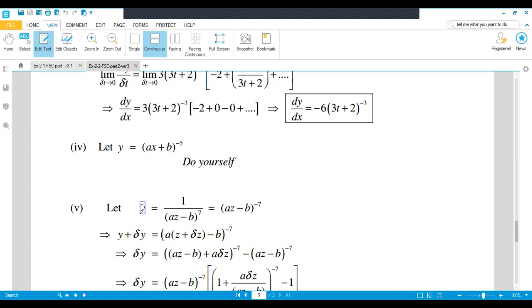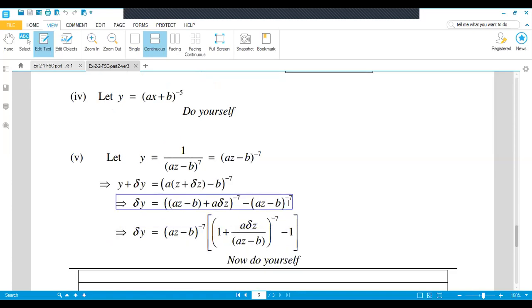Now in the left hand side, y plus delta y, and in the right hand side, the variable is z. a and b are considered as constants or coefficients and z is the variable, so z plus delta z. Now here y is added, when shifted to the other side, it will be subtracted and you put the value of y, it will be (az minus b) power minus 7.